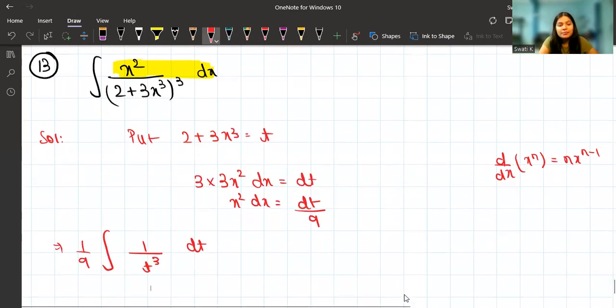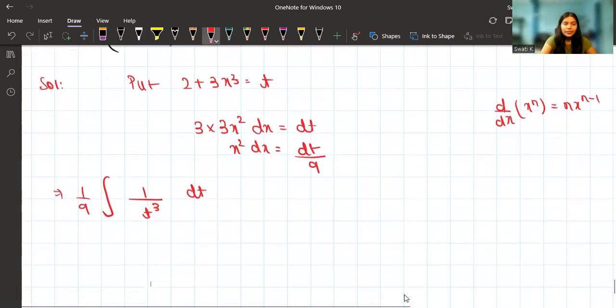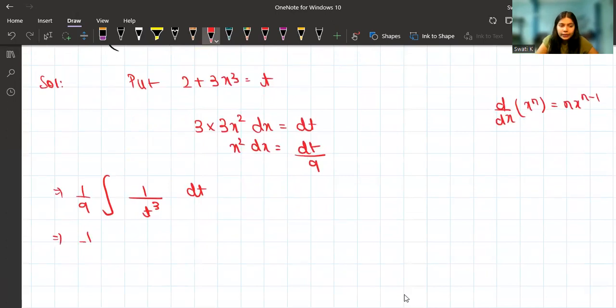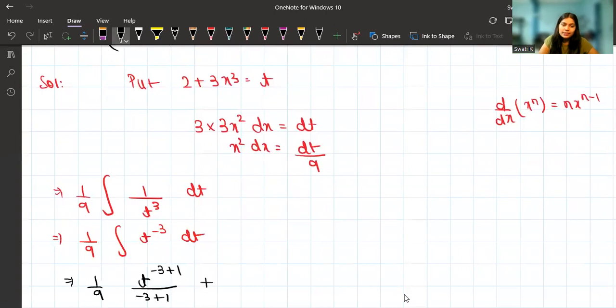Now this is very simple using the property of exponent. You know that we can write 1 upon t raised to 3 as t raised to minus 3 dt. Now using the formula, this will clearly become x raised to n plus 1 upon n plus 1, and then plus the constant of integration.